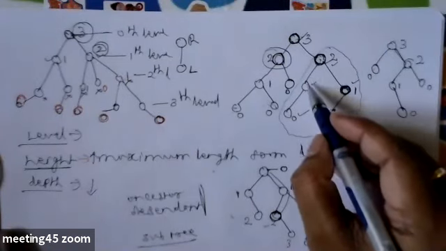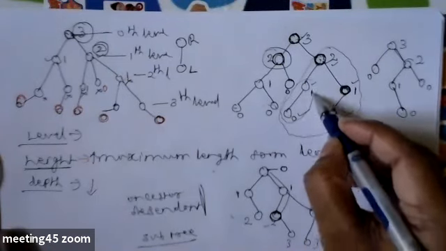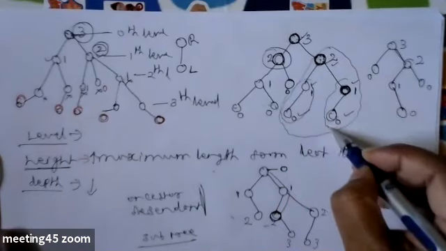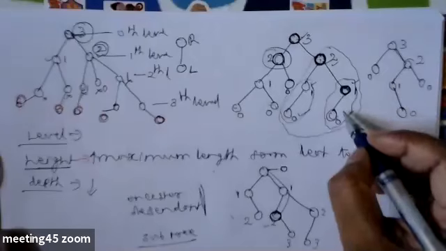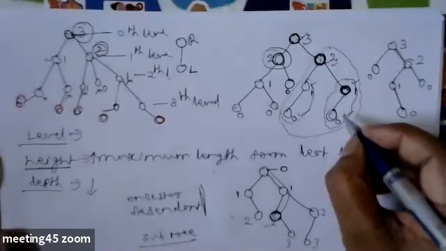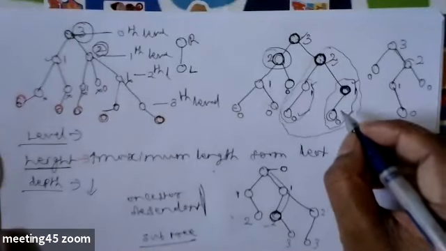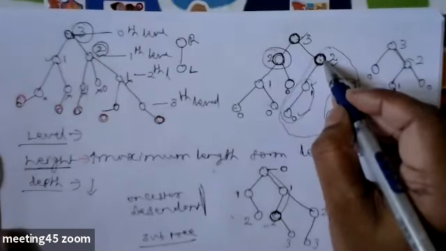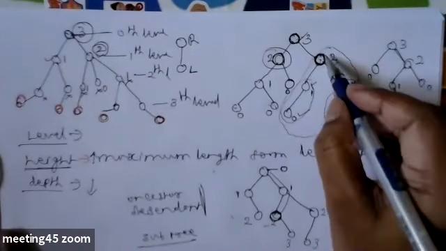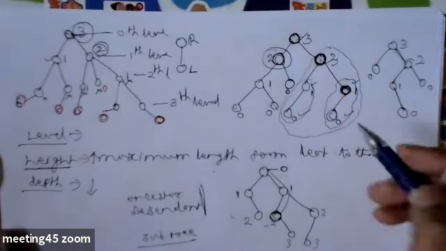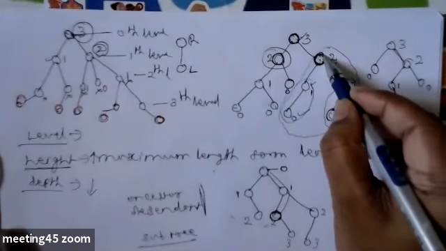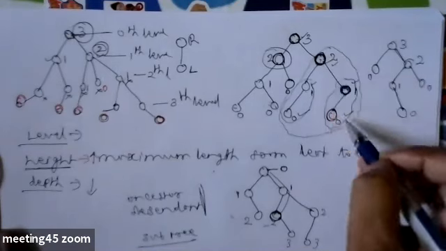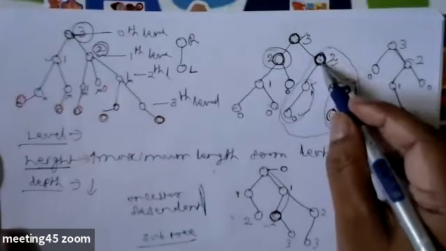I can also say that this is also a subtree of this particular node, and this is also a subtree of this particular node because it is coming under the descendants. A node will participate in the subtree of another node only if that node is a descendant of it. Unless this node is a descendant of this node, it cannot be a subtree of that particular node.